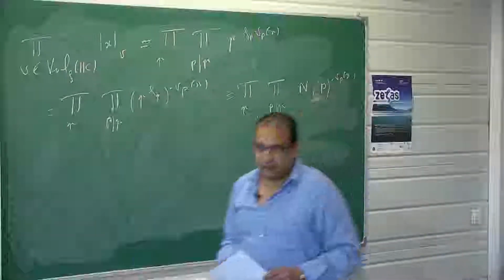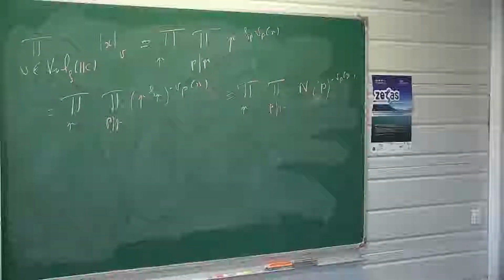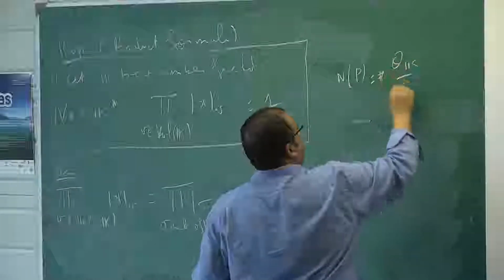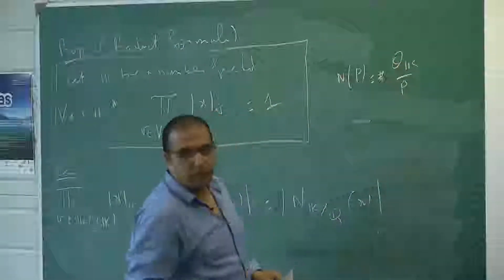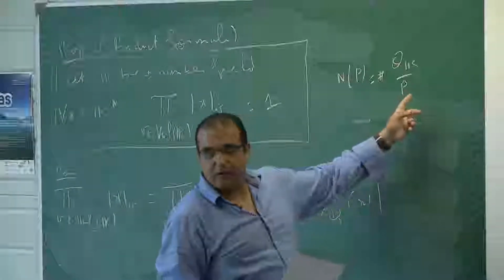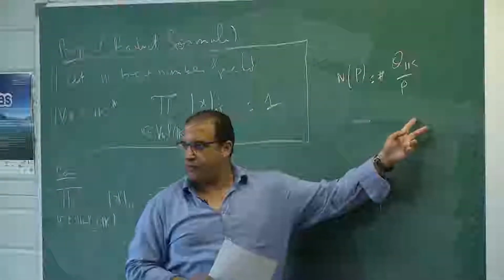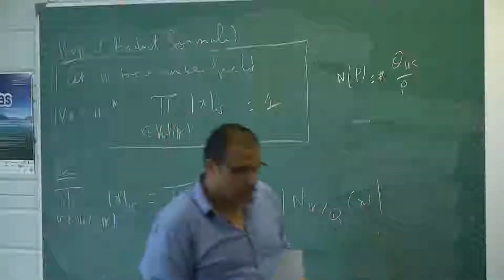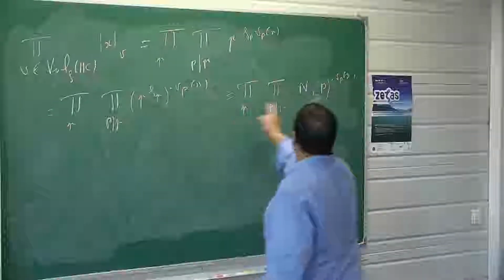The norm of an ideal is defined by the cardinality of O_K over P, and this is a vector space over Z/pZ of dimension f_P. So this gives you this formula.